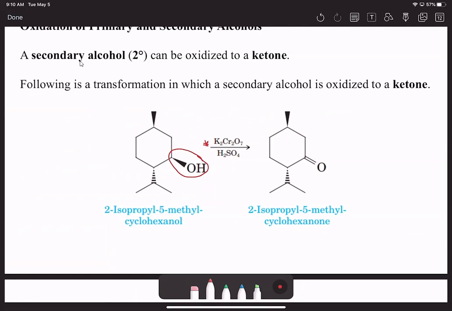These dashes and wedges, we didn't get a chance to talk about these dashes and wedges here. So I'm going to take a second and go over this. When you see these dashes and wedges, I'm actually going to put CH3s on these.